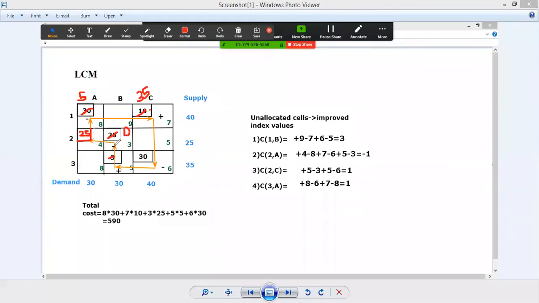So here in this place, let us write 5 plus 25, which will be equal to 30. Now here we have a negative sign, right?